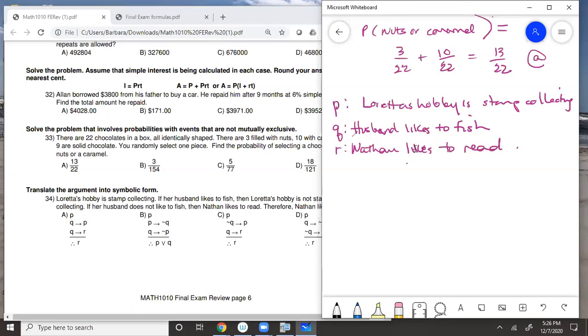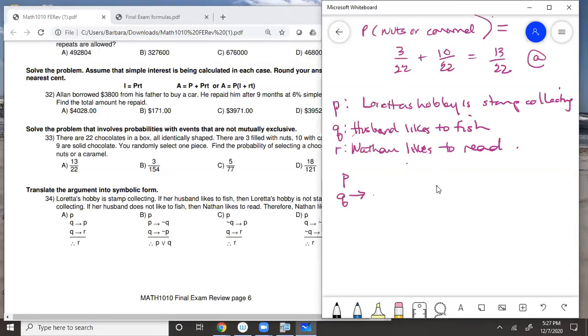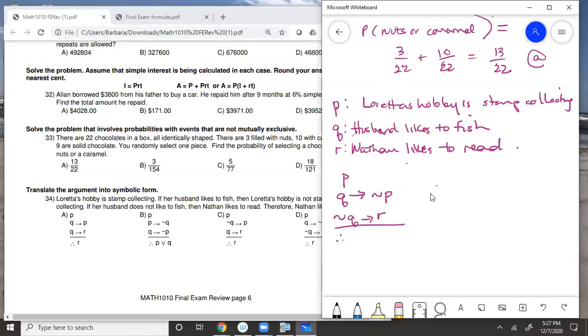If Loretta's hobby is stamp collecting, that's P. Her husband likes to fish, that's Q. If Q, then her hobby is not stamp collecting, so not P. And the next one: if her husband does not like to fish, so if not Q, then Nathan likes to read, so R. So that's the order. Therefore Nathan likes to read, so therefore R.